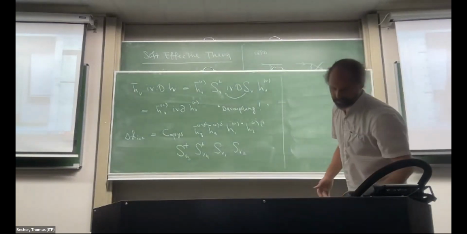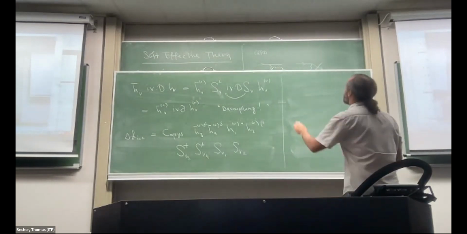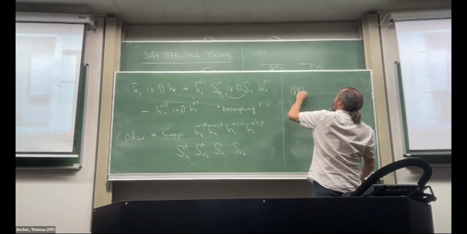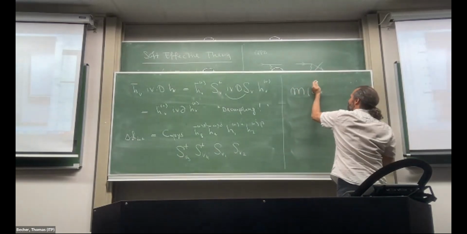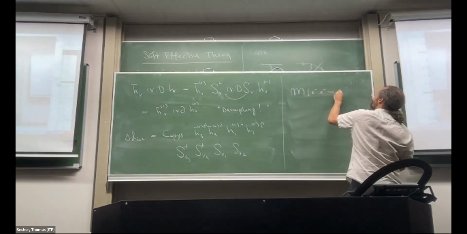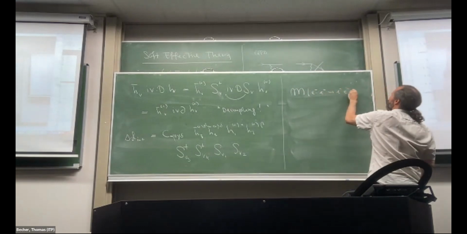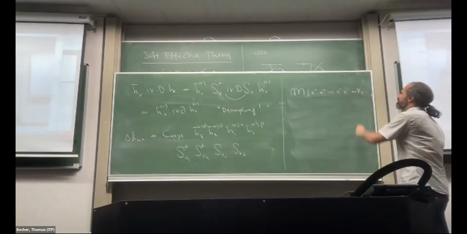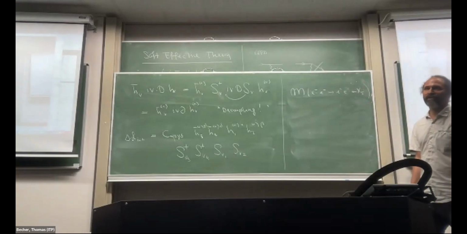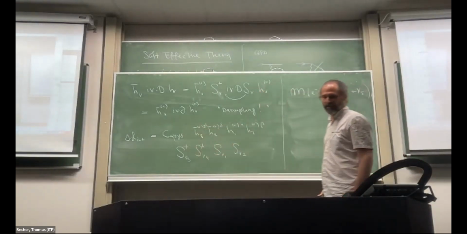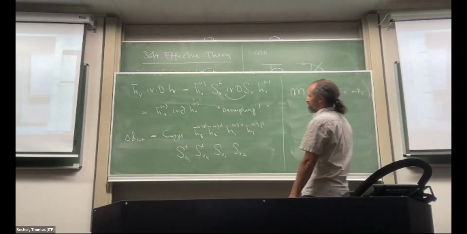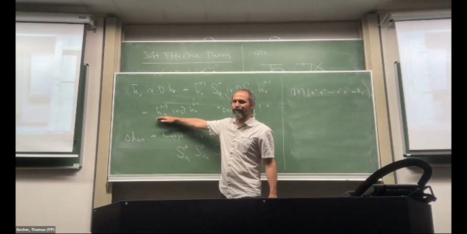So now the nice thing. If we compute the amplitude for e plus e minus, e minus, e minus, e minus, plus any amount of photons, I can now use this effective Lagrangian here. And I have these fermions, they don't do anything.